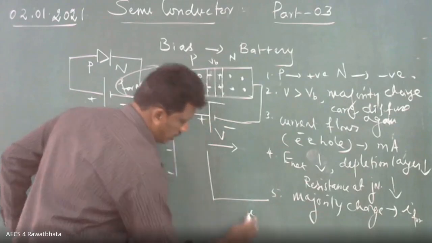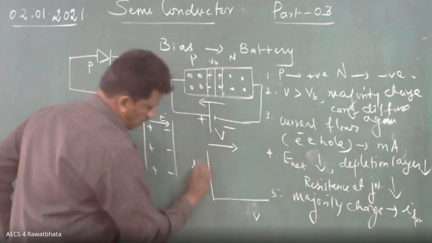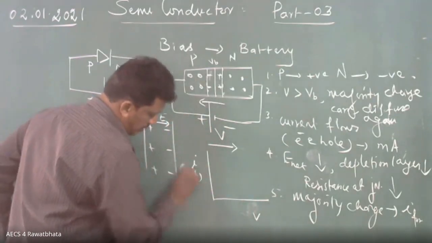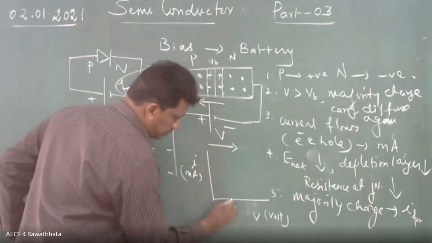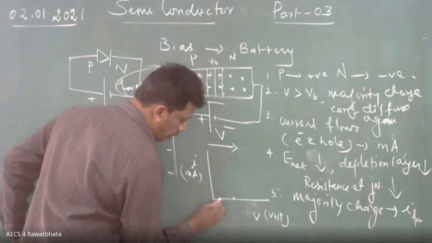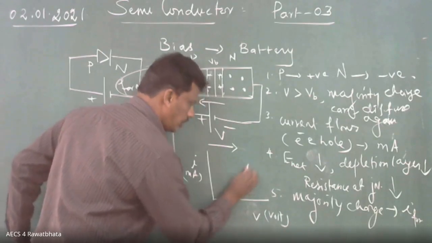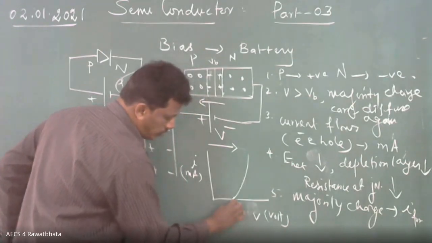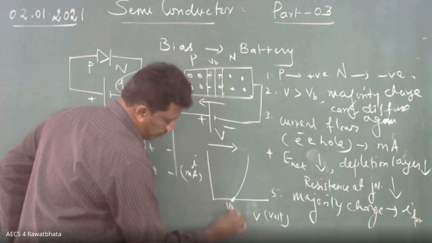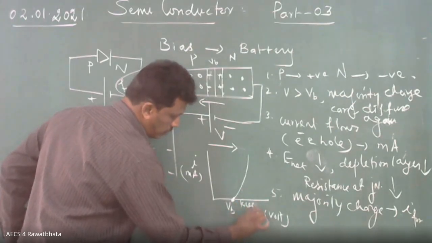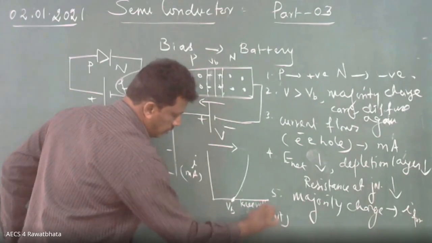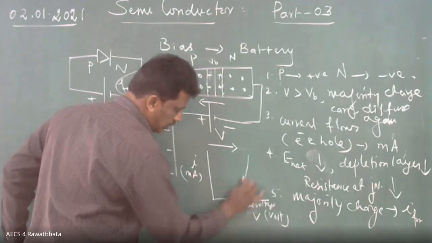Suppose here V, here I in milliampere. V is in volt. Up to a certain voltage there is no current, then it increases. This point, suppose VB, exactly here it is coming, is the knee voltage. It is going like that.